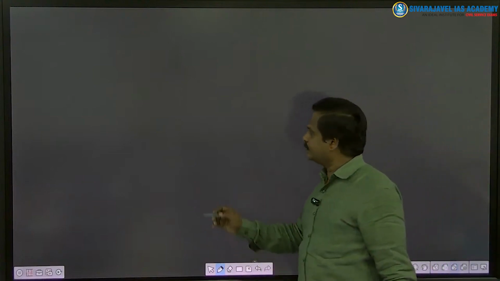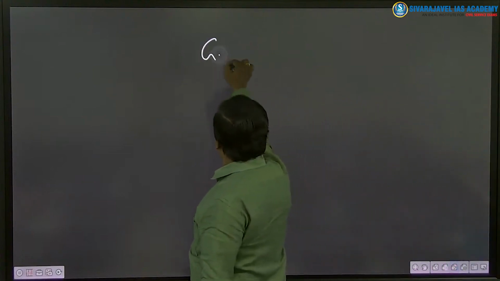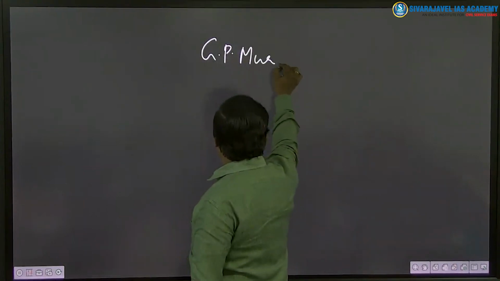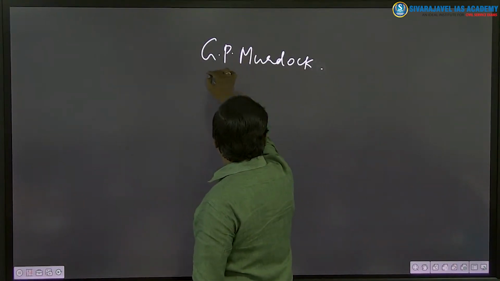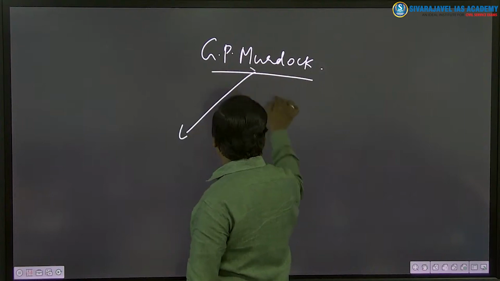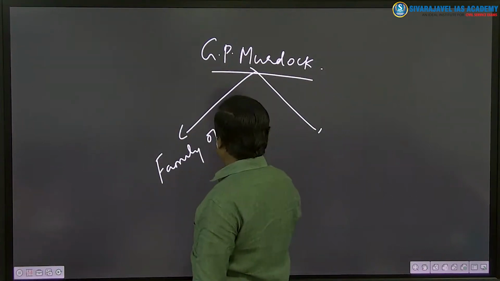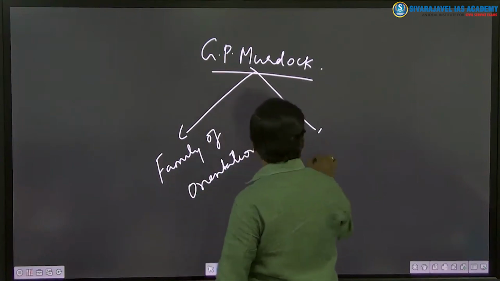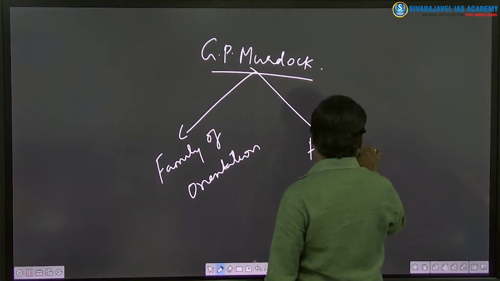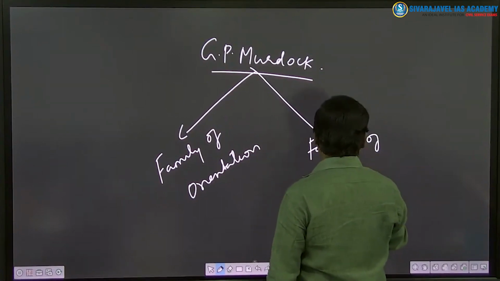Now, according to G.P. Murdock, there are two types of family: family of orientation and family of procreation.